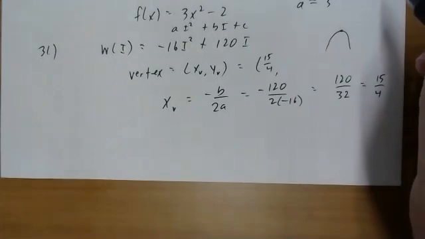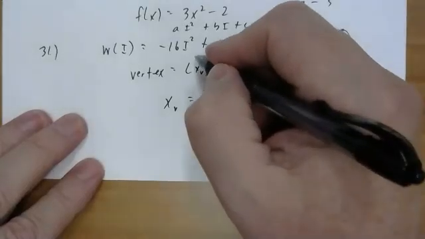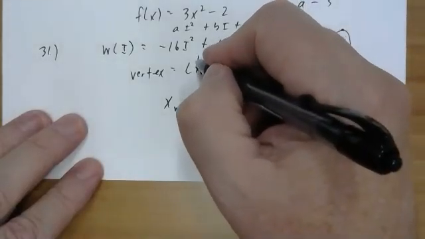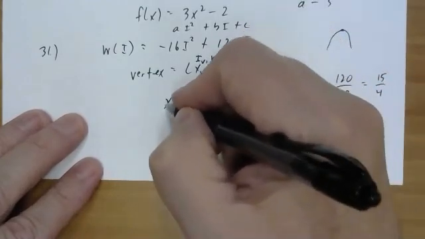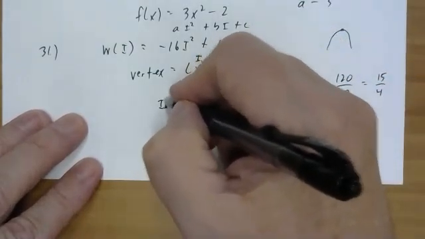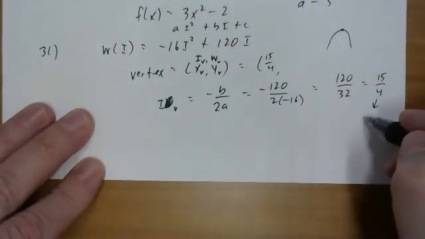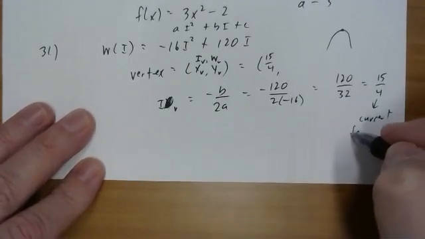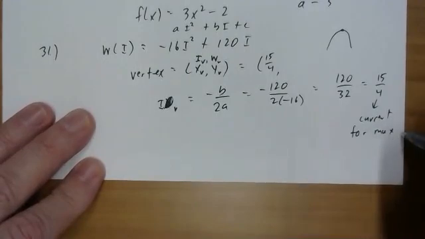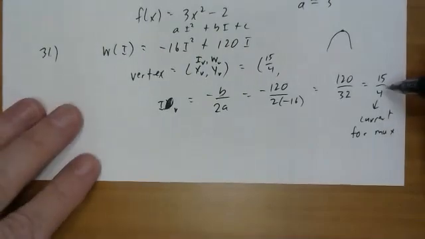What they really want is, so this is the current. Really, this is I of the vertex. So I should have called this I, the vertex. So this is the current for the maximum power. So what's the maximum power?